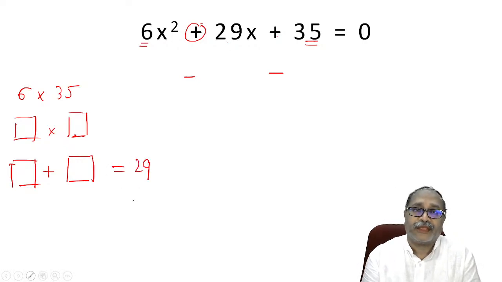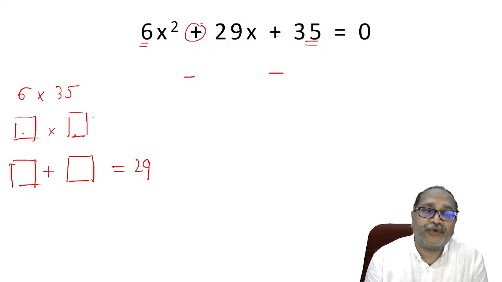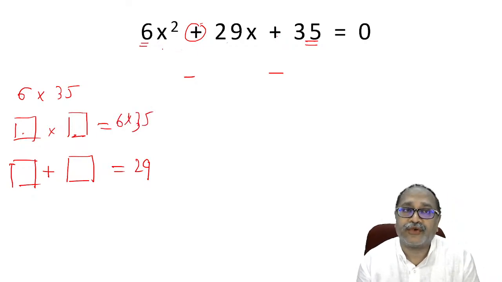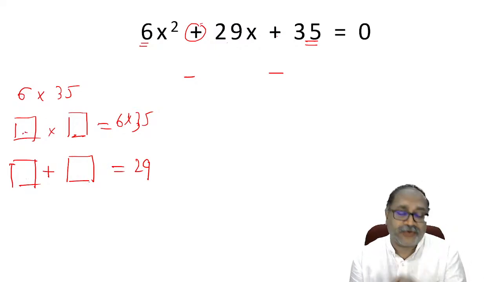So break this 35 and 6 into factors. When you multiply, it should be equal to 6 into 35, and when you add the two factors, it should be 29.